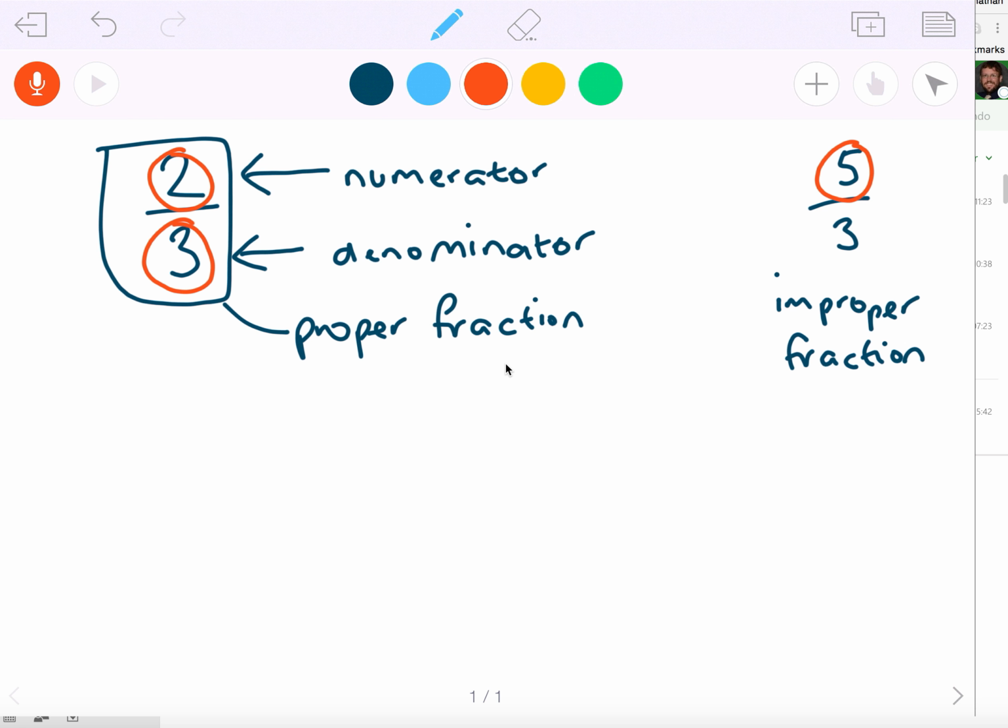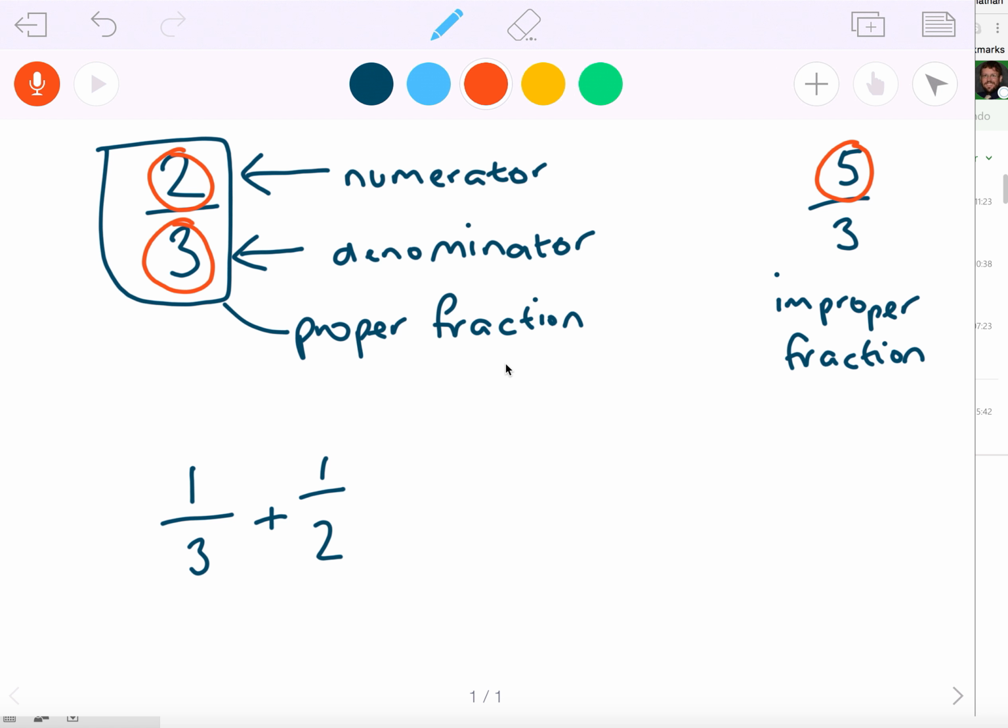What we're going to talk about today specifically is how to add together fractions. I'm going to give you a little example of a question that you might get: 1/3 plus 1/2. I want to add together these two vulgar fractions. What you've got to remember is that before you can add vulgar fractions together, they must have a common denominator.